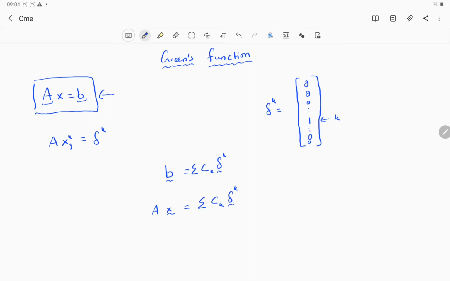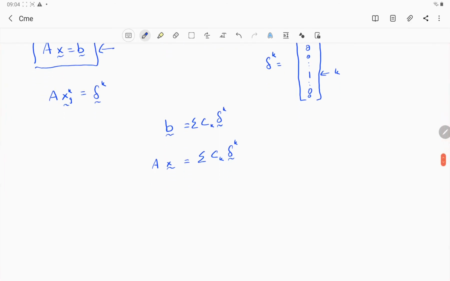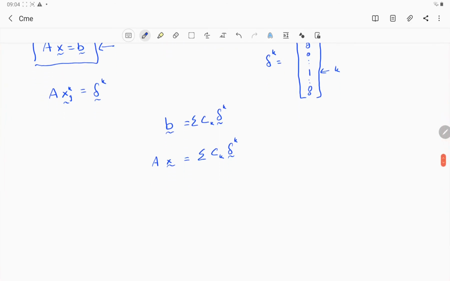So let me put it like this. Even here let me put it like this. Now I'm going to use this equation.